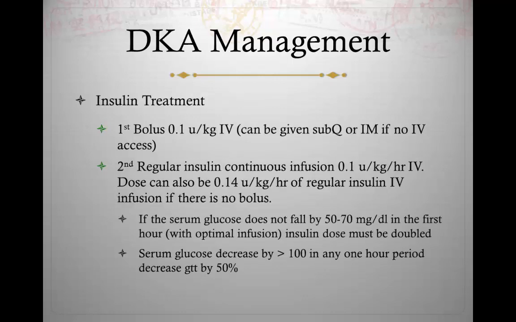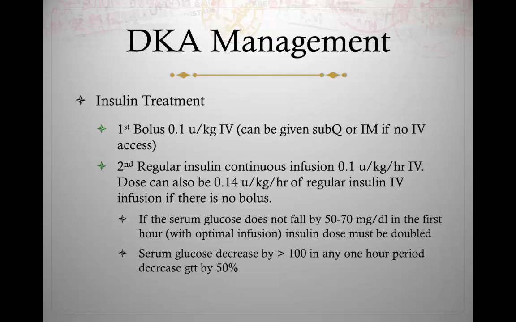So the most important part, insulin. The second most important part, besides the electrolytes that sometimes correct by themselves, is insulin, because what's the major problem? The major problem is hyperglycemia that is leading to all this. So what you have to do is give 0.1 units per kilo per hour of regular insulin.